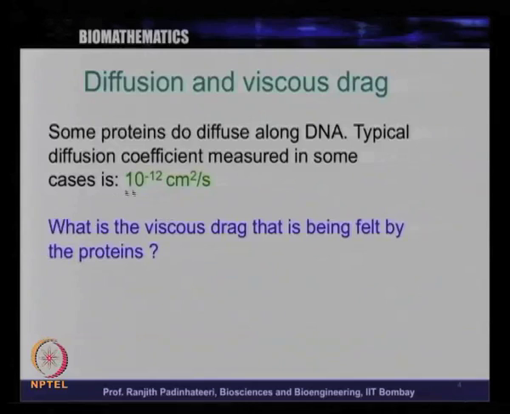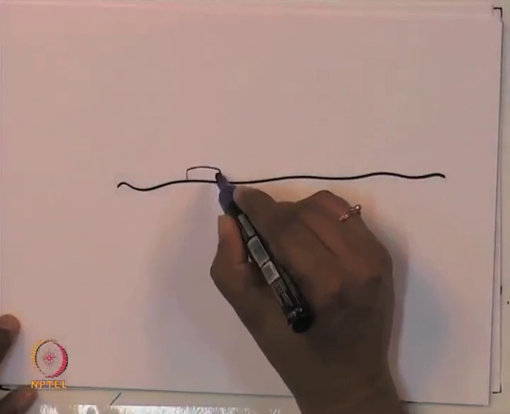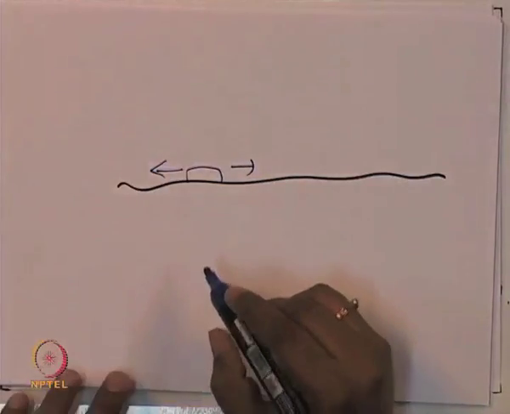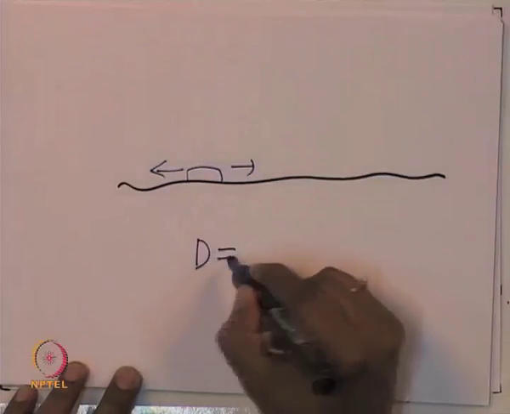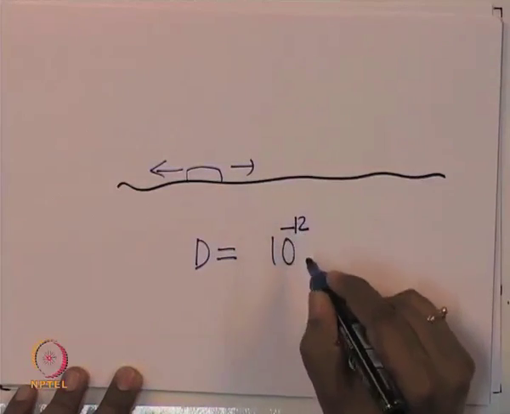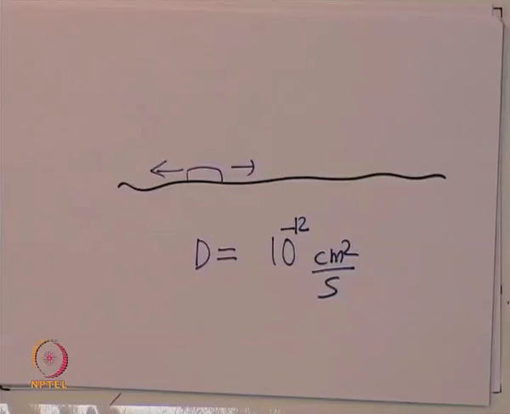The question is, what is the viscous drag that is being felt by the proteins? So, you have DNA and some protein bound on the DNA, and it can diffuse along DNA. The diffusion coefficient, which we learnt, turns out to be approximately 10 power minus 12 centimeter square per second.